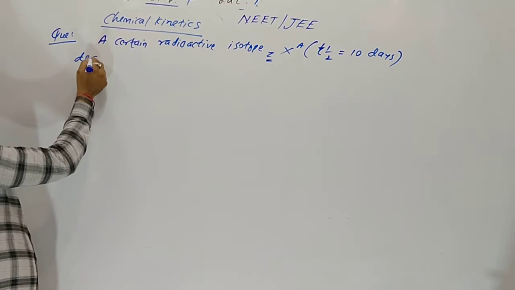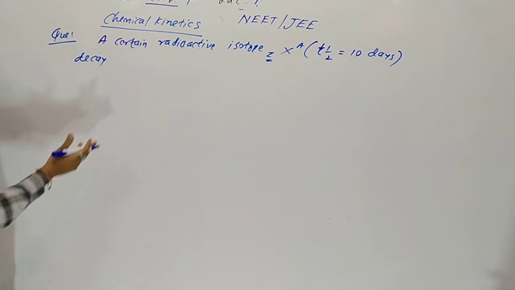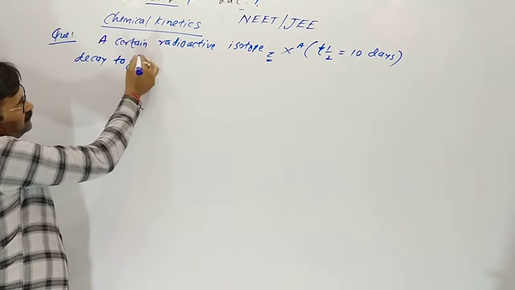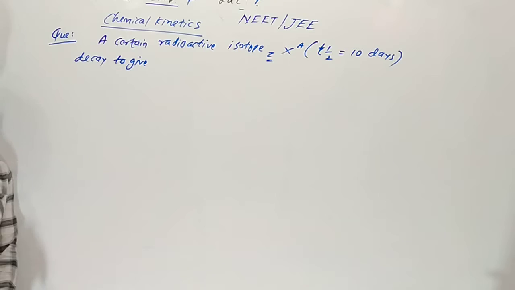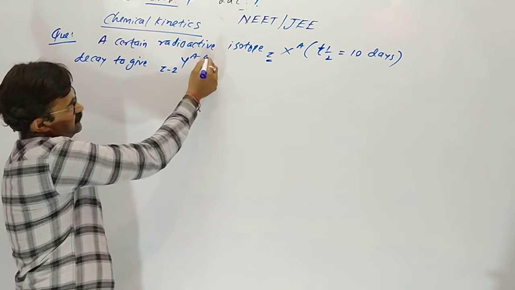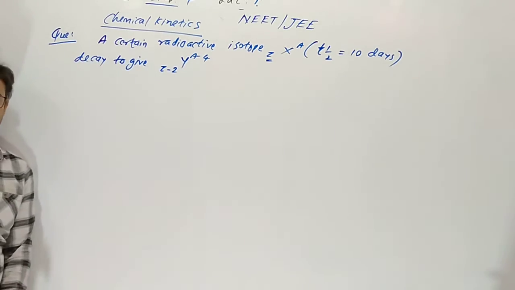Decay means emission of radiation. After emission of radiation it gives element Y, with Z minus 2 and A minus 4.